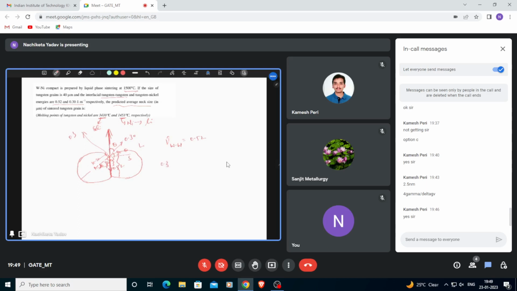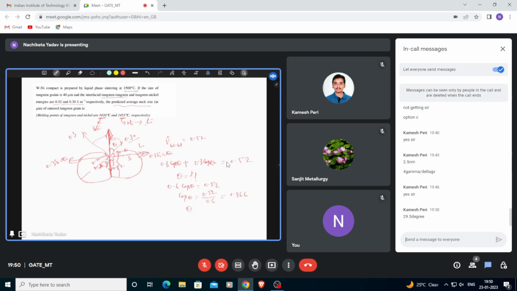So 0.3 cos theta plus 0.3 cos theta, and the sin theta components in this direction will cancel out because both are the same value, equal to 0.52. So what will be the value of theta? 0.6 cos theta equals 0.52, so cos theta is 0.52 by 0.6, which is 0.866.